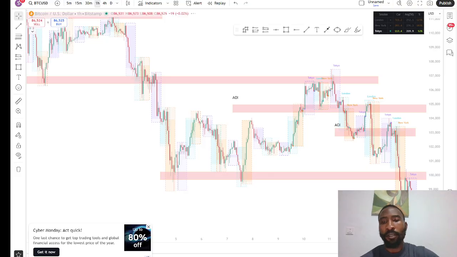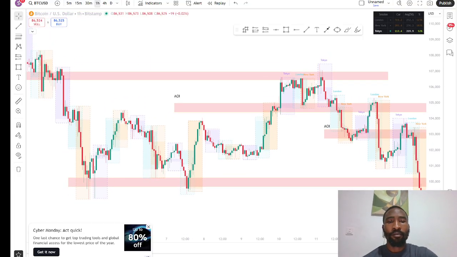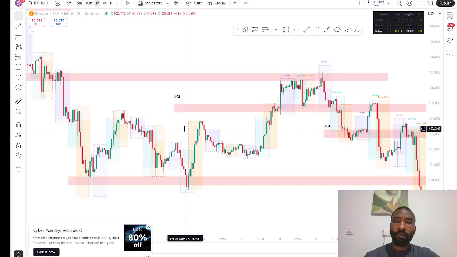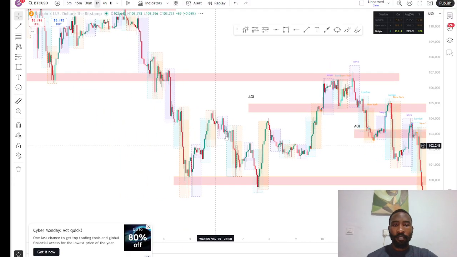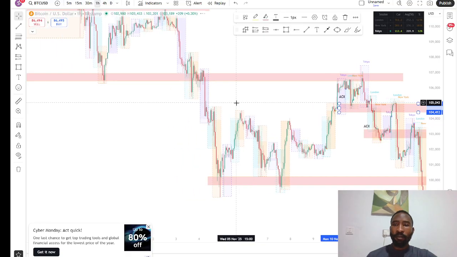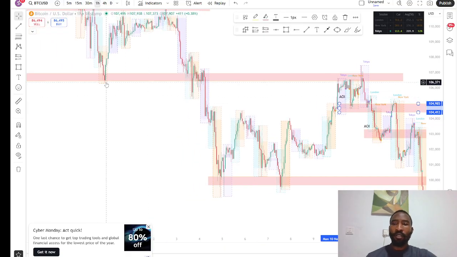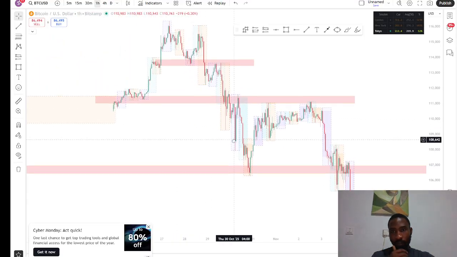So remember, I'll use this as an example. Remember that this was the previous lower low. Let me start from here so that you guys can understand.